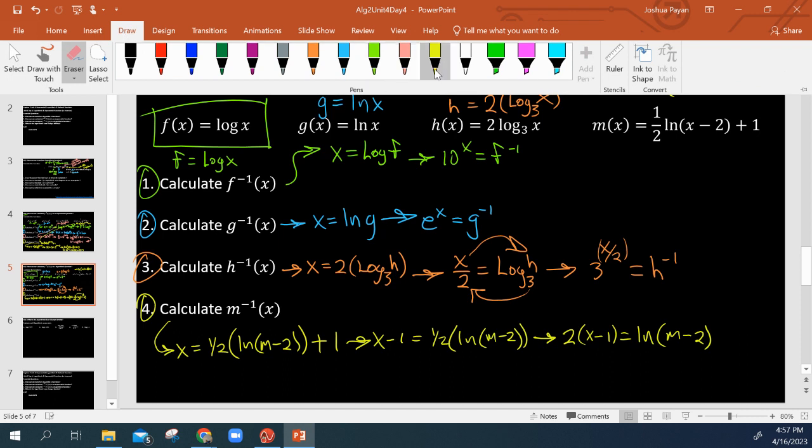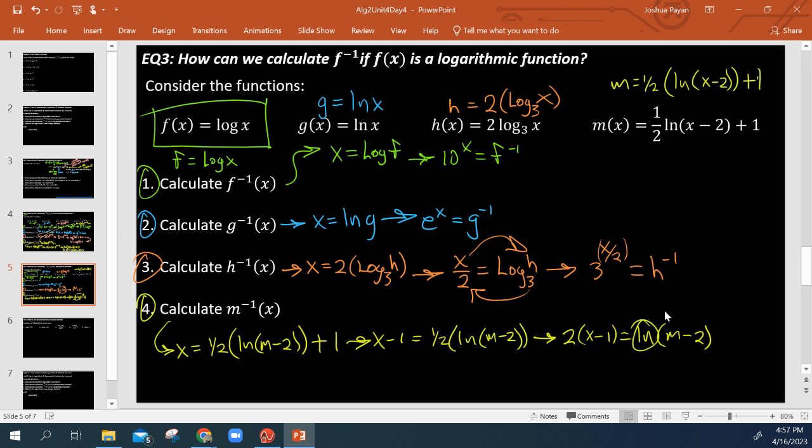The other way to think about it is log base e has the inverse of exponential base e. These are inverses that cancel, and what you do to one side, you do to the other, right? Either way, we arrive at this conclusion. E to the 2 times x minus 1 is going to be equal to m minus 2.